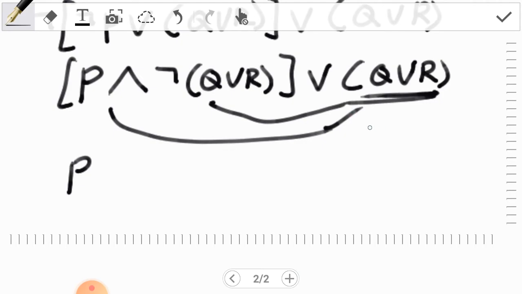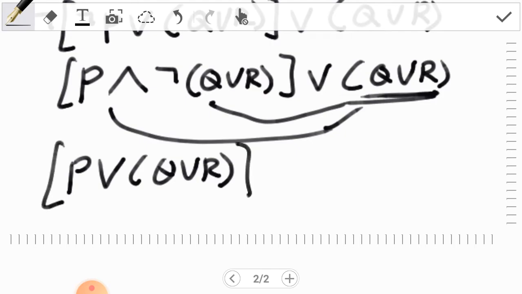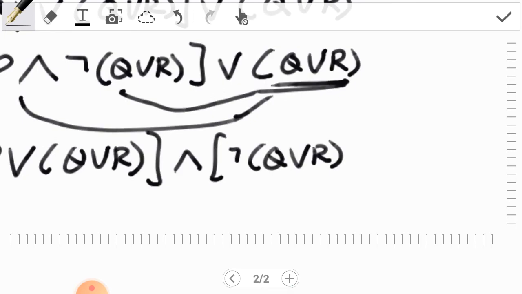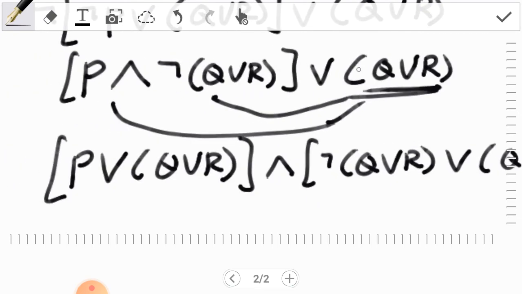Remember, we are distributing Q or R, so we now use this P or Q or R, and we have not Q or R or Q or R. So we distributed this one, diba?